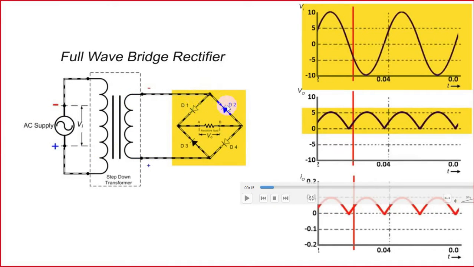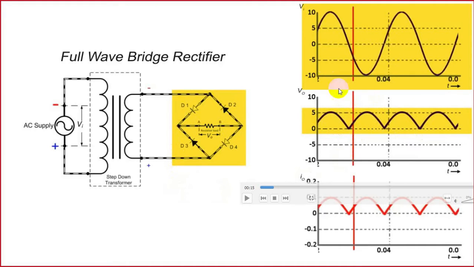But D2 and D3 are forward biased because of the negative side on the cathode and positive side on the anode. So D2 and D3 are forward biased, so current conducts, again in the same direction over here. So we get full-wave rectification, both positive cycle and negative cycle at the output.